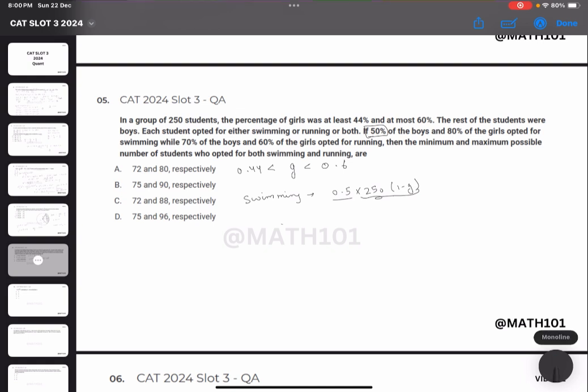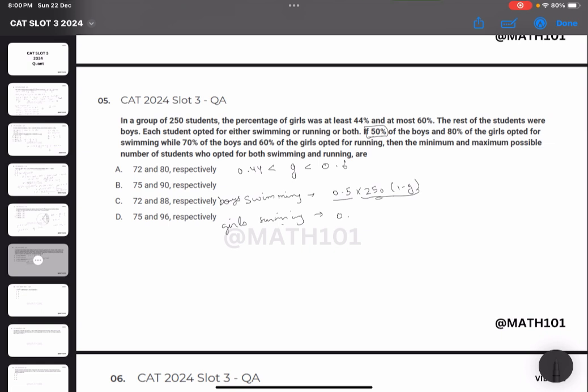So boys swimming is this, girls swimming is 80% into 250 into G. 0.8 is 80%, and the number of girls is this.